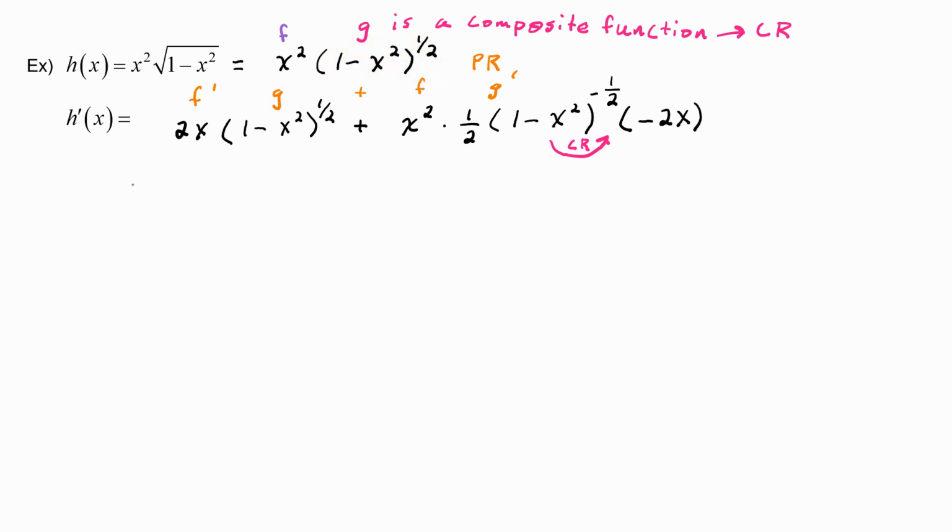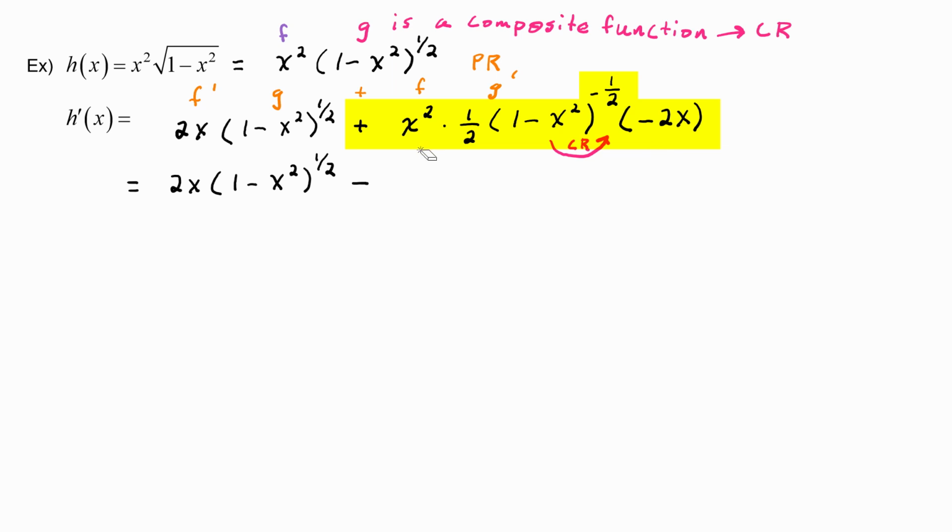Now this is going to equal 2x times the quantity 1 minus x squared to the 1/2. And now over here, we have a plus sign here, but we have a minus sign here. So we will be subtracting.